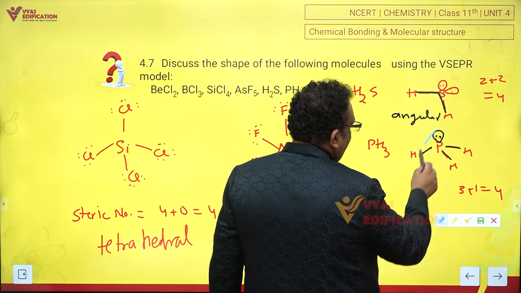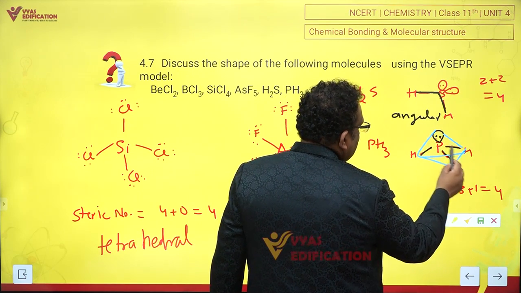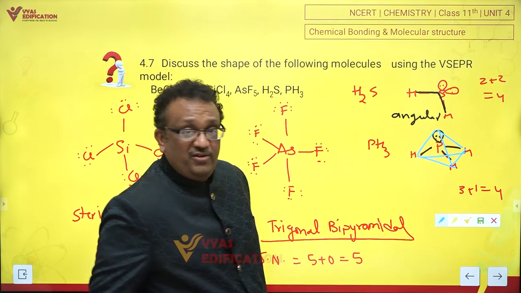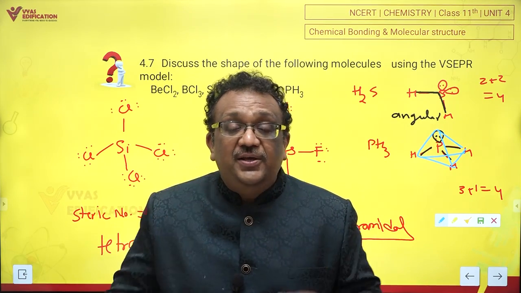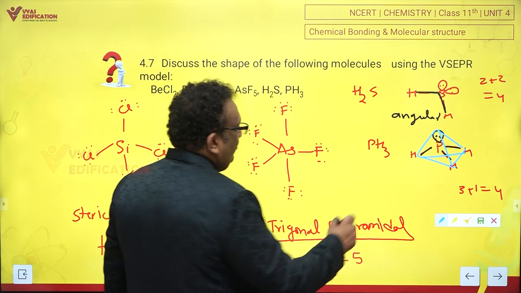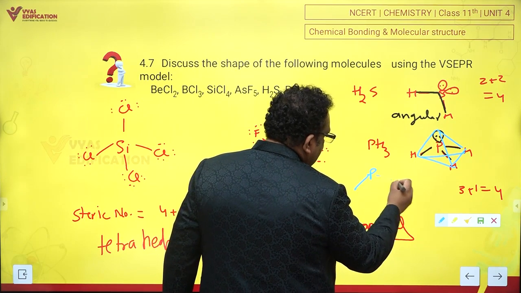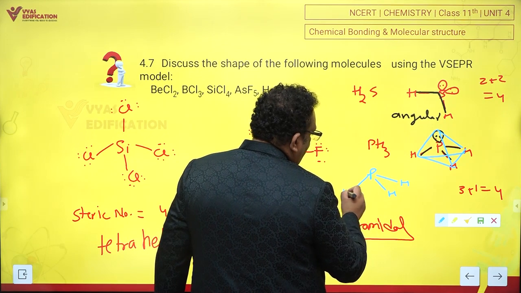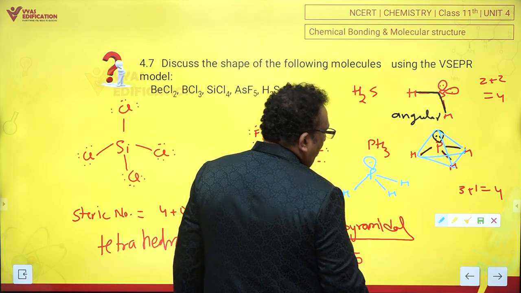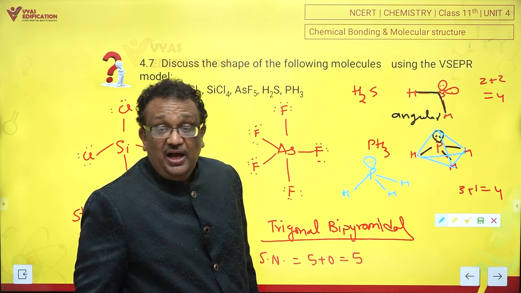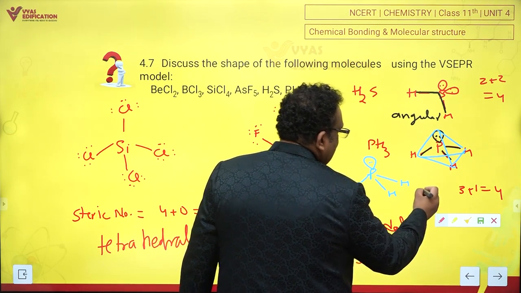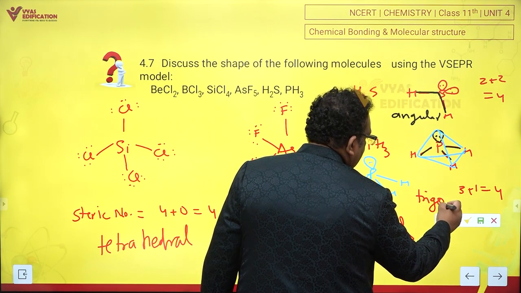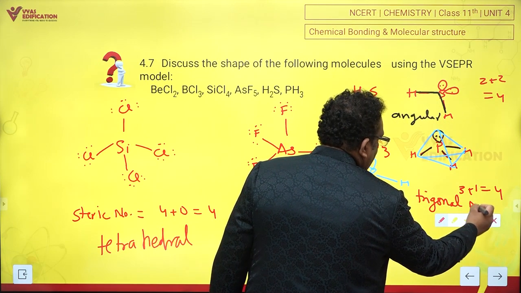These are roughly at the corners of a tetrahedron, but since the lone pair cannot be seen, all you can see is phosphorus with H. This is all that is actually observable, and in that case, the geometry is termed trigonal pyramidal.